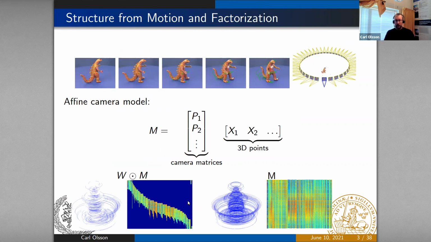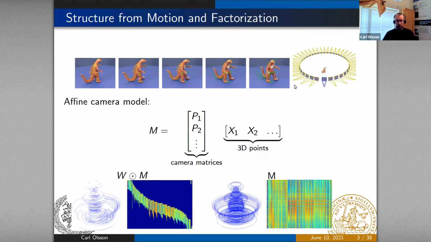So this is, yeah, a very short summary of what structure for motion is. So basically you have a set of images of some kind of scene. And from those images, you want to reconstruct the scene shape in some sense, and compute where the cameras were when I captured these images.